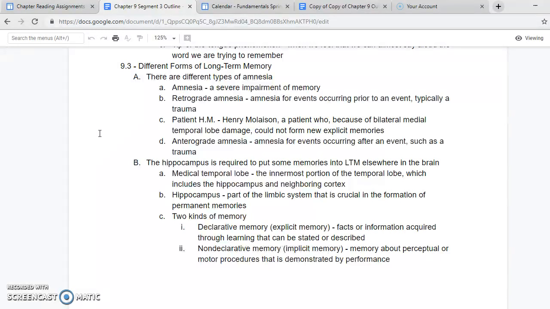Going back to a person discussed at the beginning of the chapter, patient HM, Henry Molaison, he had bilateral medial temporal lobe damage and could not form new explicit memories. So he had anterograde amnesia, which is amnesia for events occurring after an event, such as trauma.